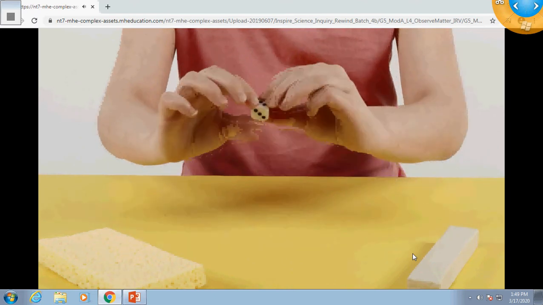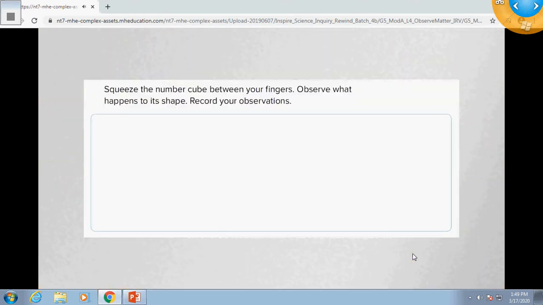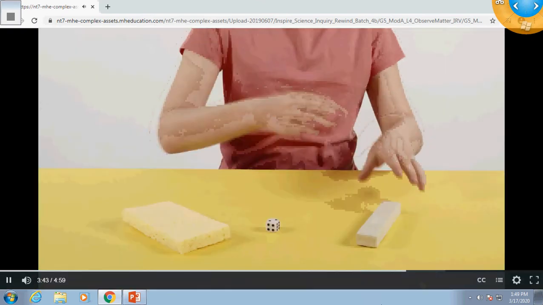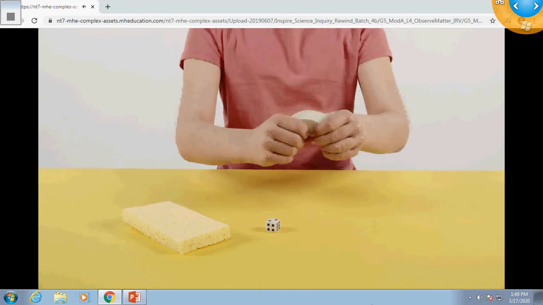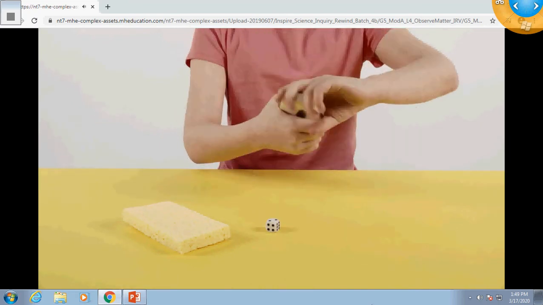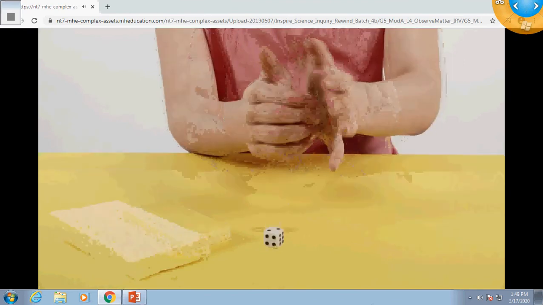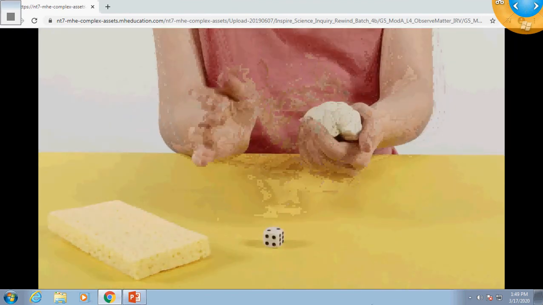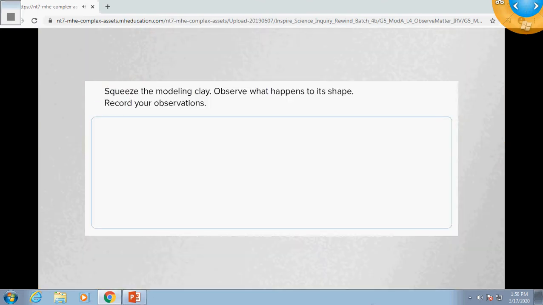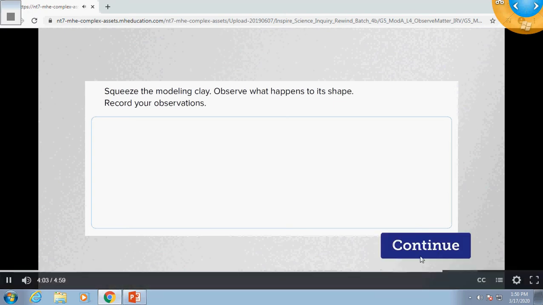What happens to its shape? Record your observations in your notebook. Select Continue. Next, squeeze the modeling clay. How does the shape of the modeling clay change? Record your observations in your notebook. After you have finished recording your data, select Continue.